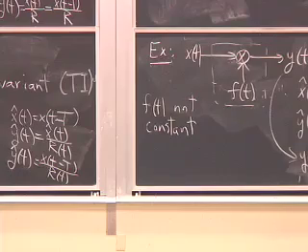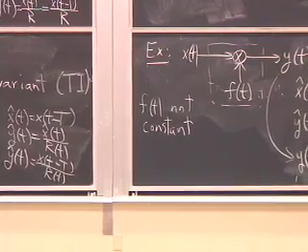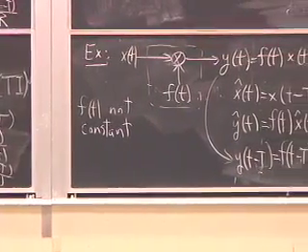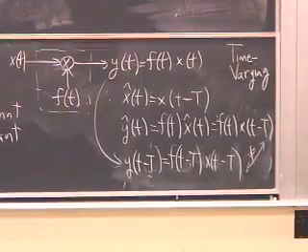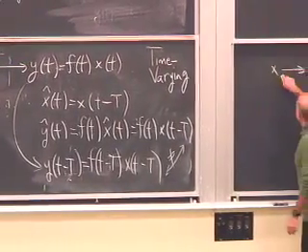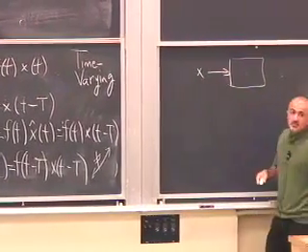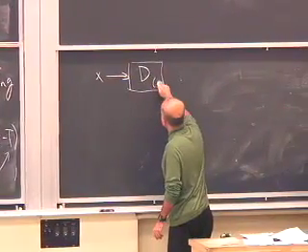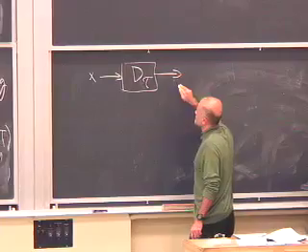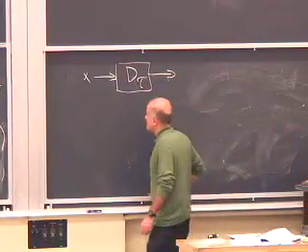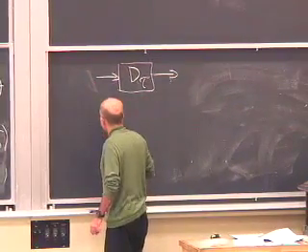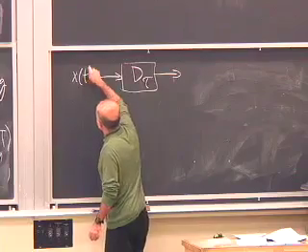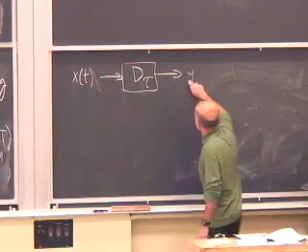But now I want to, oh, I forgot to do this. Let me define a system that's a time shift with a d tau. Instead of putting the x, I'm going to abuse our terminology and put the t in here.